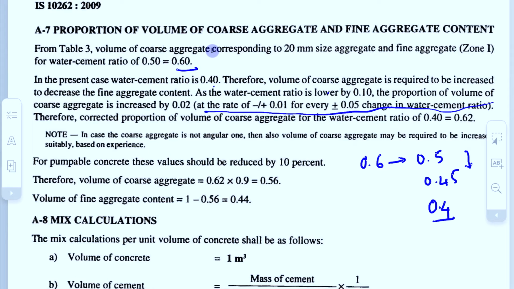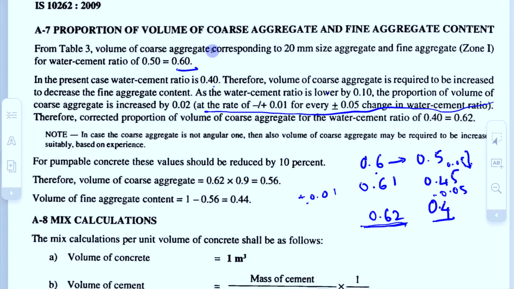For each 0.05 decrement, we increase the volume of coarse aggregate by 0.01, so it will be 0.61. With one more 0.05 reduction in water cement ratio, we add again 0.01, which gives 0.62. So the volume of coarse aggregate will be 0.62.